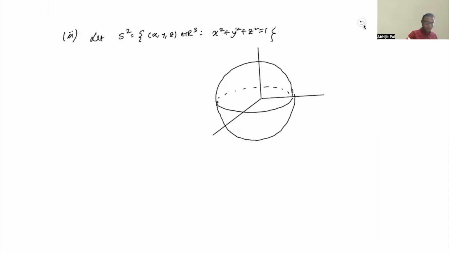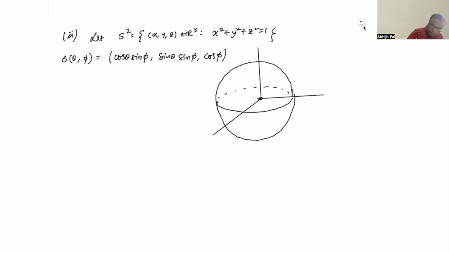So this is my unit sphere. And now let us take this function, sigma of theta, phi, which I'll take to be equal to (cos theta sin phi, sin theta sin phi, cos phi). Okay.